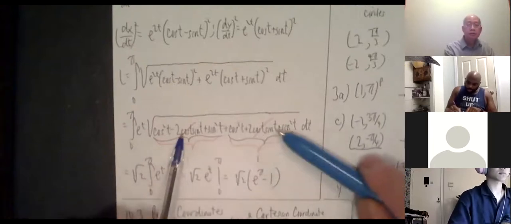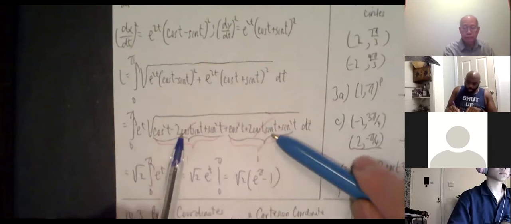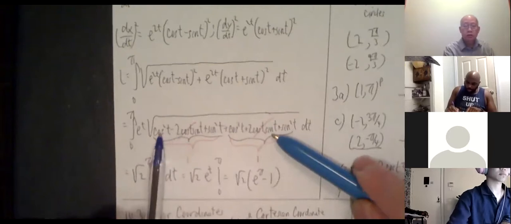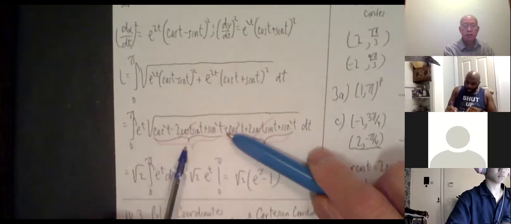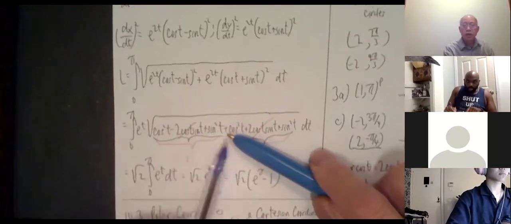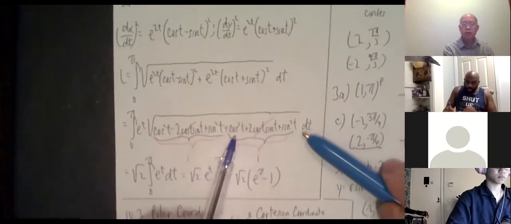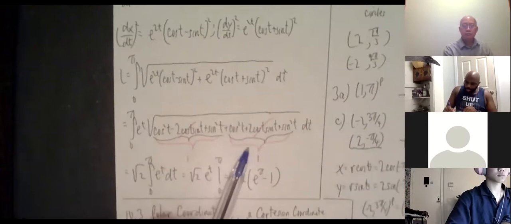Okay. These two cancel out. Cosine squared t plus sine squared of t, 1. Another cosine squared t plus sine squared of t, another 1. So I have the square root of 1 plus 1, which is 2.